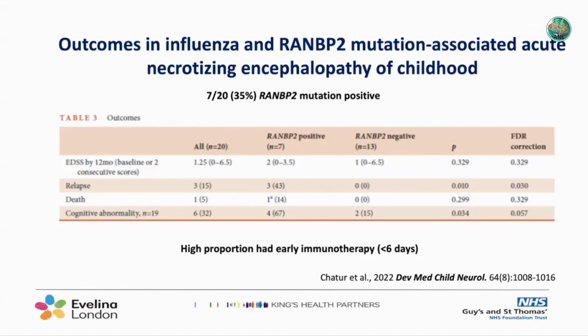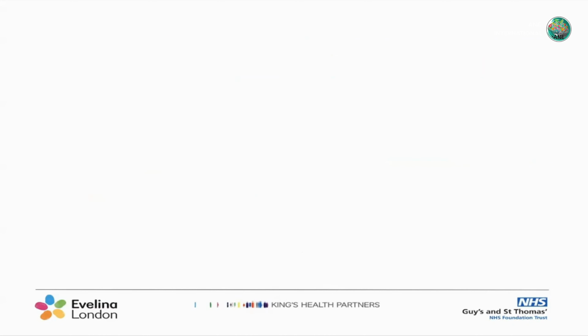And we'll come back to that at the end as I present to you some early data from some individualized patient data that we have. So outcome not that different between RANBP2 positive and sporadic, other than the recurrence risk, which we know anyway.